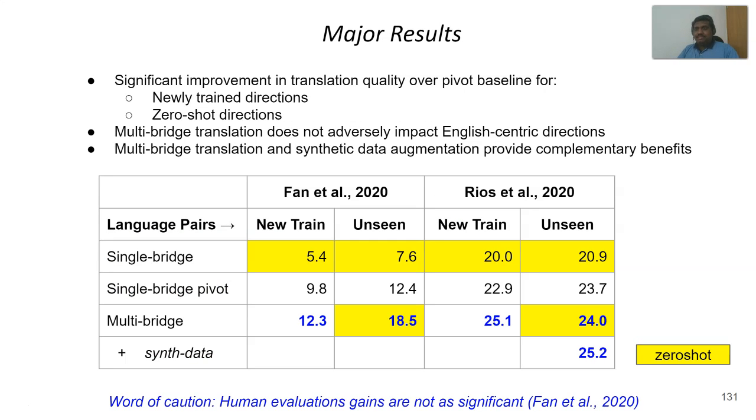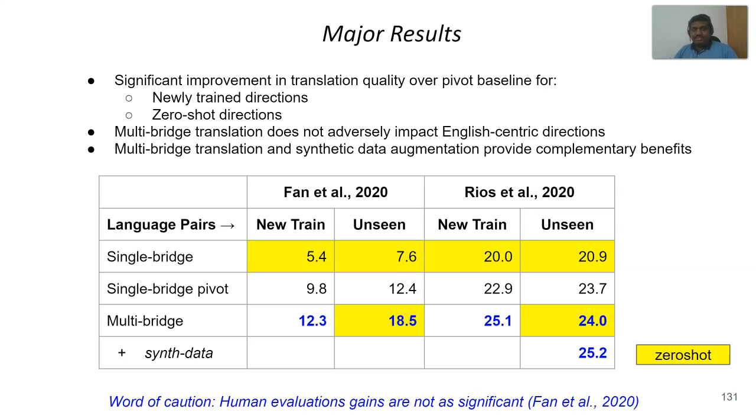So to summarize the results in this multi-bridge scenario, when we add non-English centric data, we obviously see a good improvement in translation performance for the newly trained directions. But surprisingly, even the zero-shot directions now improve because the model is now exposed to not just translations into English, but also into a variety of other languages. So it's generalizing in a better way.